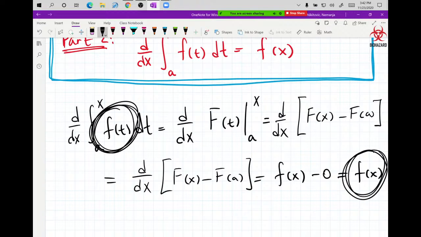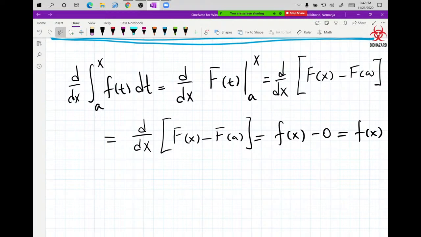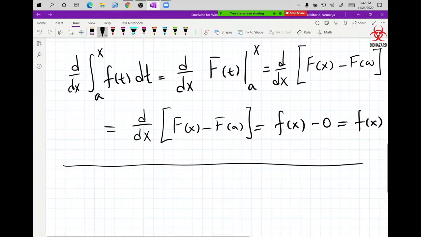Now, one is in terms of t, the other one is in terms of x. We call the f of t dummy variable, but the function is absolutely the same. And it really doesn't matter what you pick. Any function that you can integrate would do this.